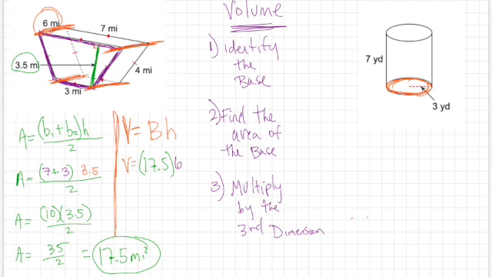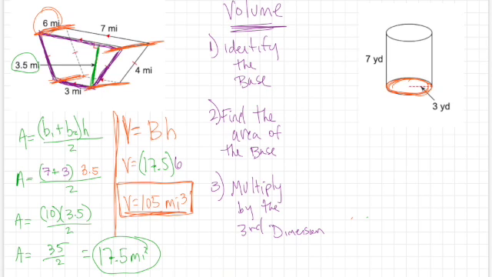So then we just go, okay, 17.5 times 6. And that gives us a volume of 105 cubic miles. That is the answer to the one on the left.